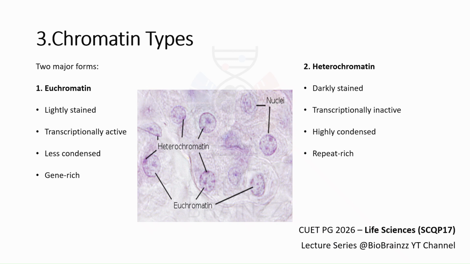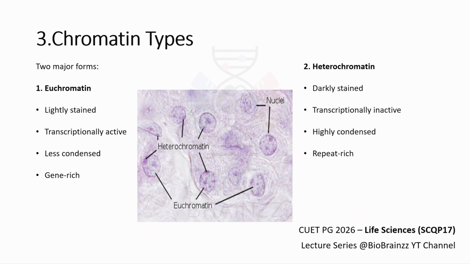Now coming to the second type, heterochromatin. Heterochromatin appears darkly stained under the microscope. Due to its highly compact structure, it is mostly transcriptionally inactive. So, genes present in these regions are usually not expressed. Heterochromatin is highly condensed and often contains repeat-rich DNA sequences.